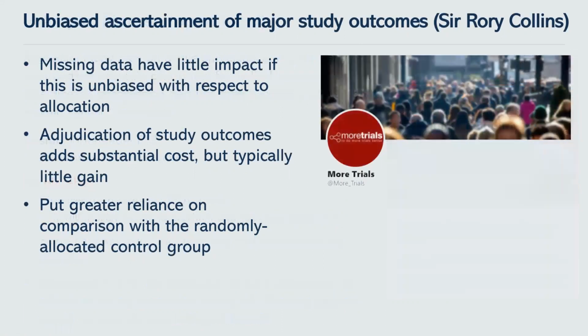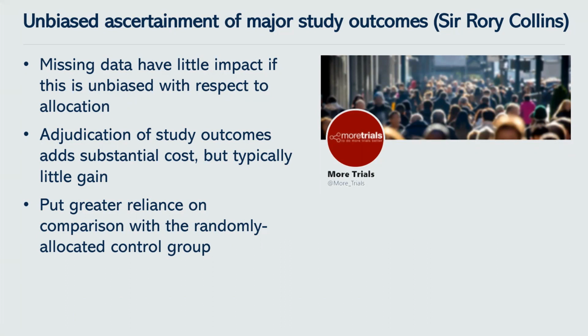Here I'm quoting from Sir Rory Collins, who wants to emphasize the importance of having unbiased ascertainment of the major outcomes. He's saying that missing data actually has little impact if it's unbiased with respect to allocation. So putting huge amounts of effort into getting rid of missing data is probably not a great idea.